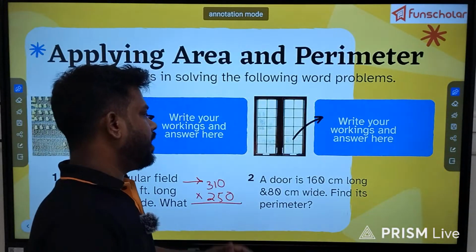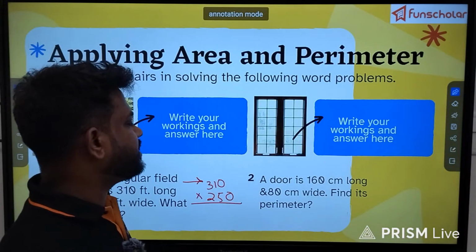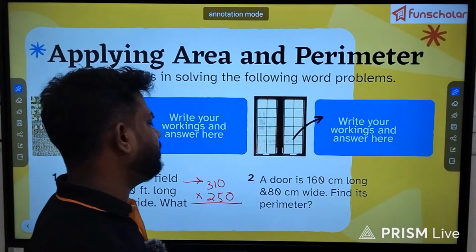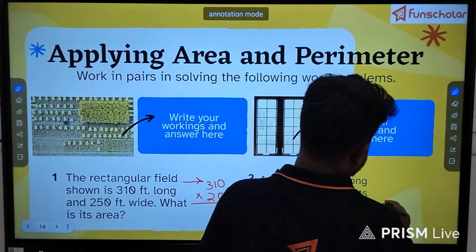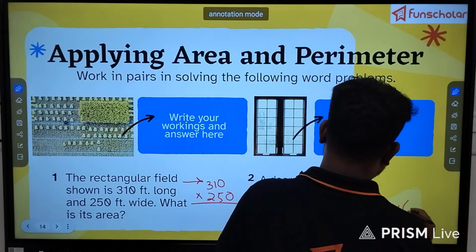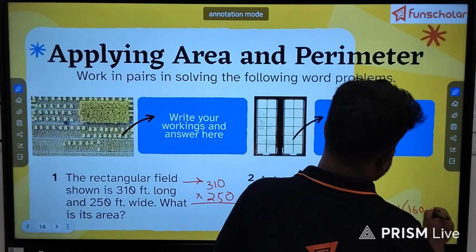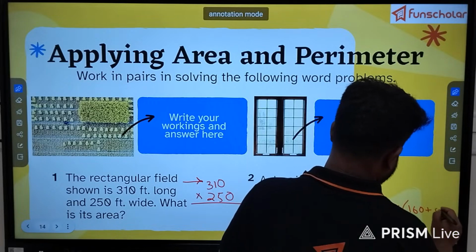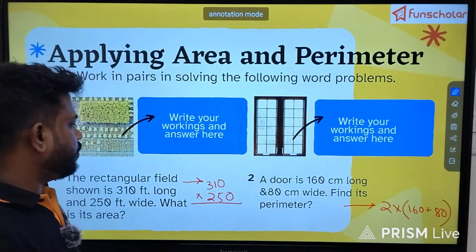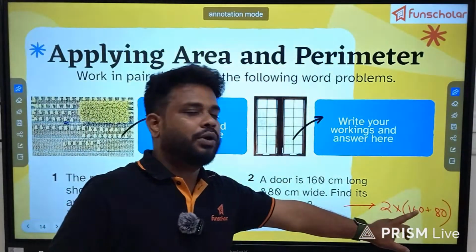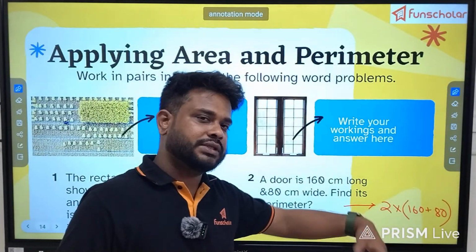And the next one is: a door is 160 centimeter long and 80 centimeter wide. Find its perimeter. So to find this, the formula will be 2 into length plus breadth, that will be 160 plus 80. Okay, so after calculating this you will also be able to find the perimeter.